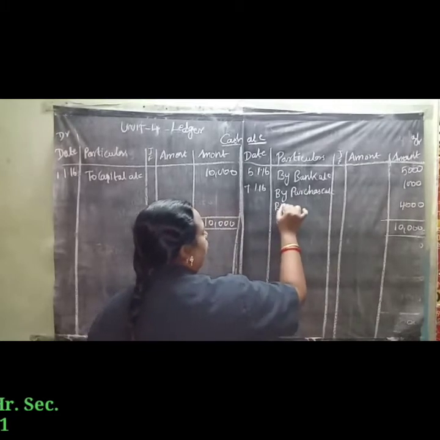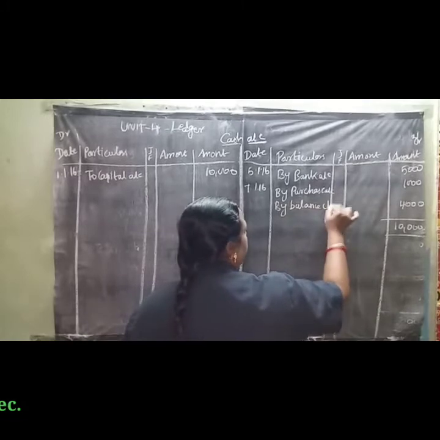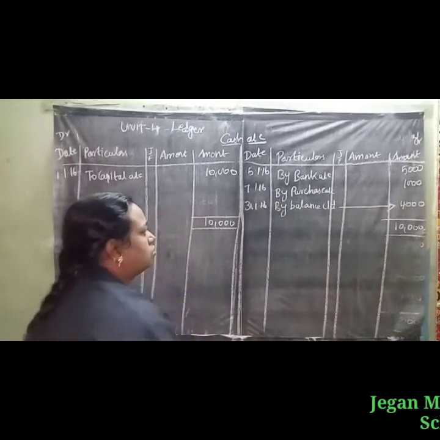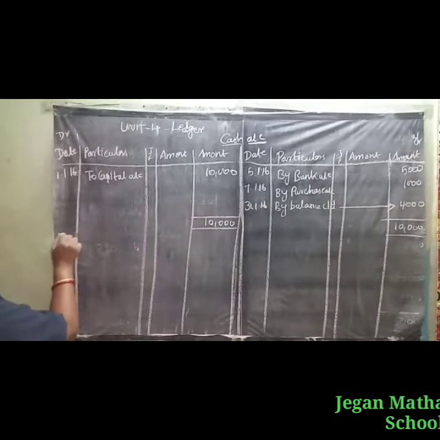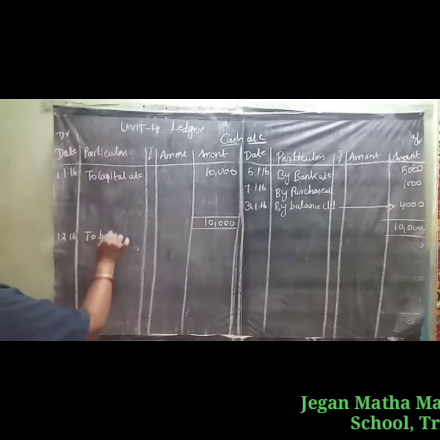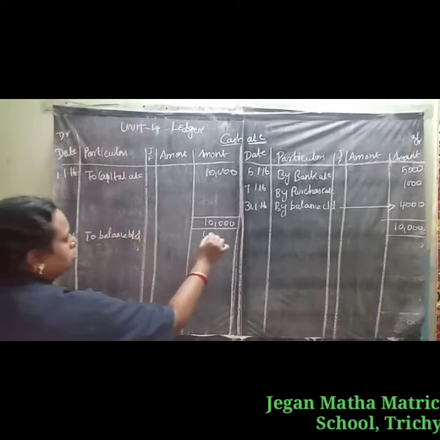The answer we call by balance carried down. The date here is 31/1/2016. We bring it to the next month: 1st February 2016, to balance brought down 4,000.